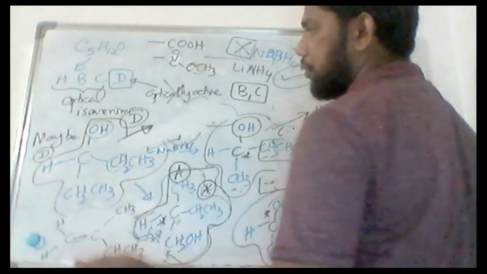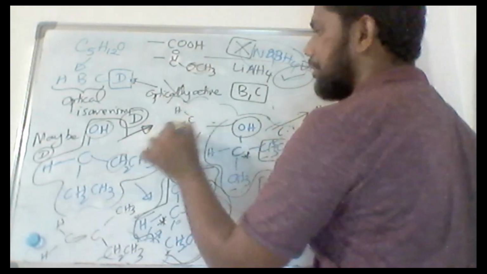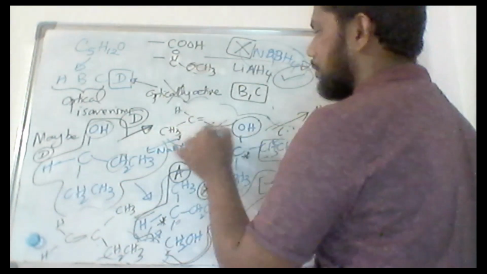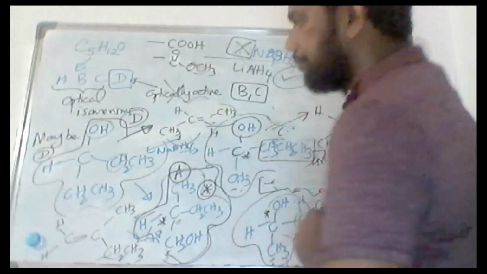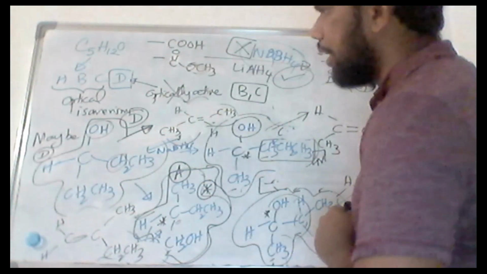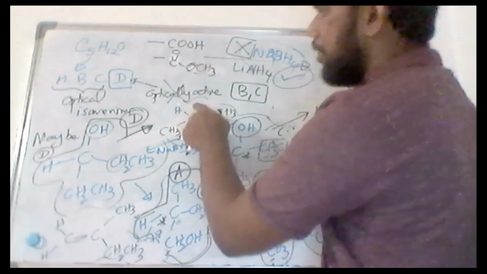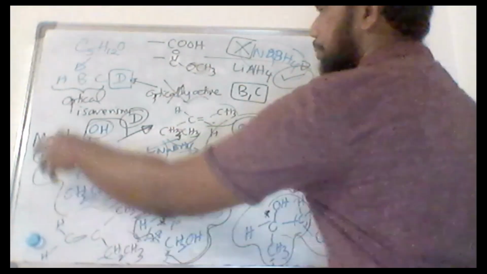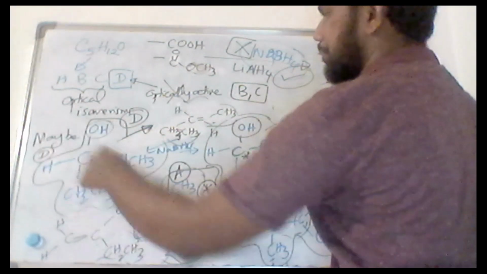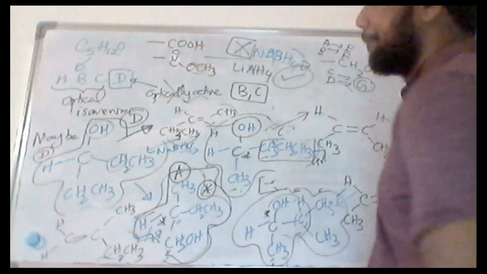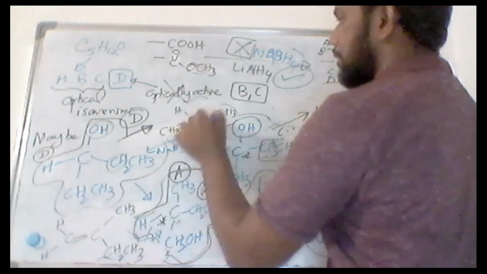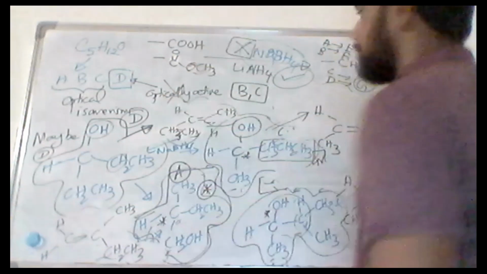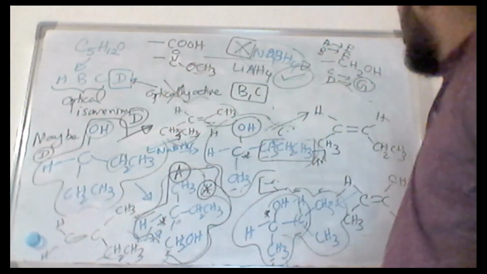This one would give carbon, hydrogen, CH3, double bond, and another one with hydrogen and CH3. OH is going out with this hydrogen, so CH2, CH3 carbon, CH2, CH3, then CH, so this is carbon with one hydrogen and one CH3. So these are the possible structures.